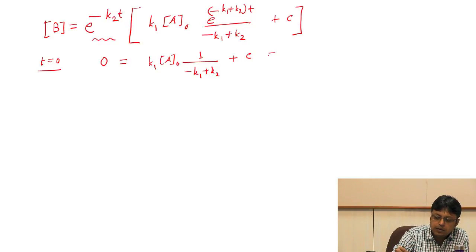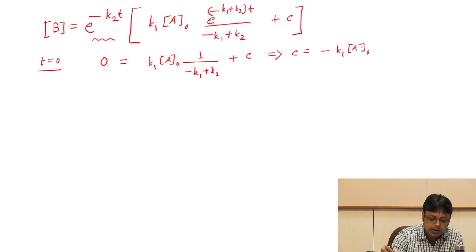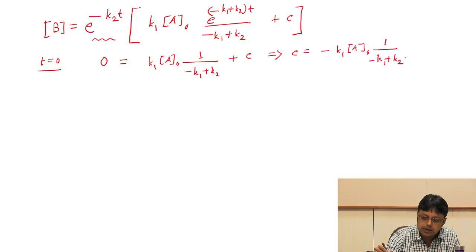So I can easily evaluate what is c. C is nothing but negative of this entire number, so it is minus k1 into a0, and we'll have 1 divided by minus k1 plus k2. So that is c.